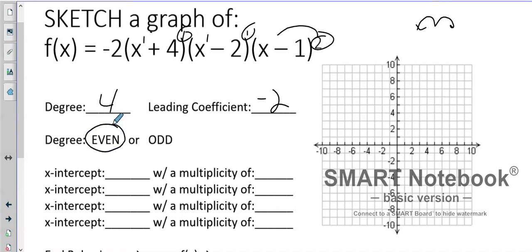My x-intercepts: -4, 2, and 1. But remember, I'm saying those each equal to 0, the 1 gets 2 of them. Actually, I don't even need to write it twice. We'll just say a multiplicity of 2. So -4 has a multiplicity of 1. 2 has a multiplicity of 1. And 1 has a multiplicity of 2.